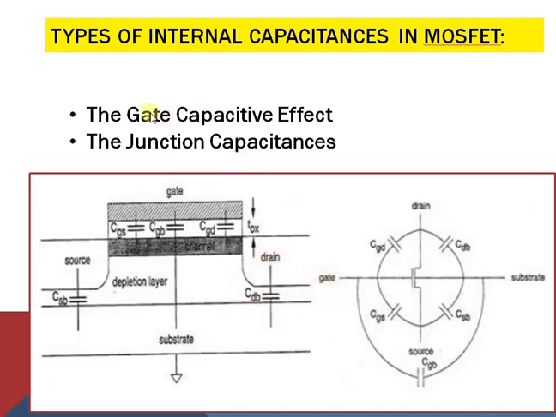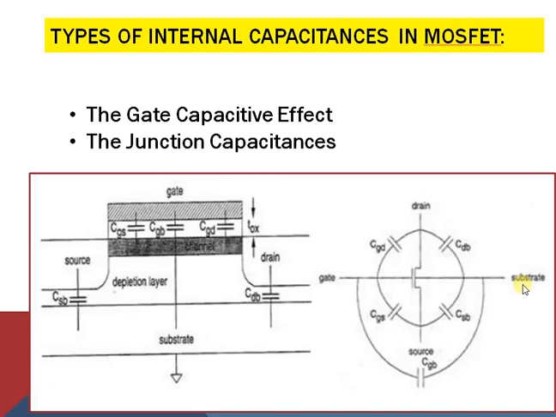So in total, the gate capacitive effect and the junction capacitances effect can be modeled by including capacitances in the MOSFET model between its four terminals, that is the gate, drain, source and the substrate.